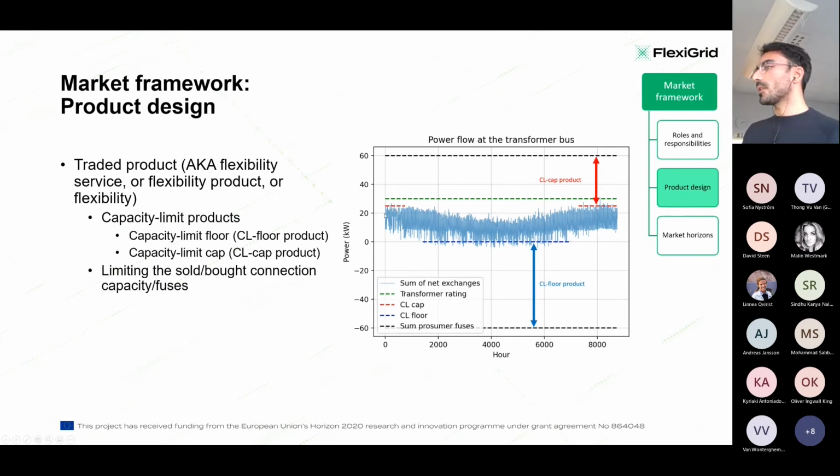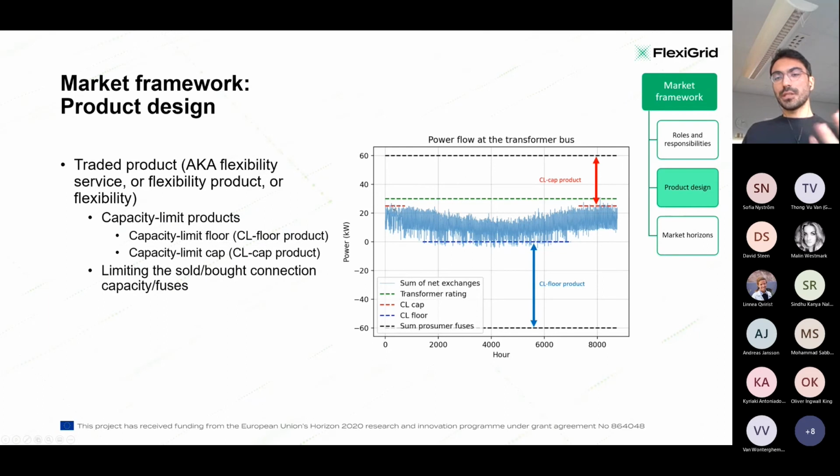So the DSO can see that in a year, in the winter months, the transformer can be overloaded. So the product he can buy is this limitation of the connection capacities that have been sold. We call it a capacity limit cap product.